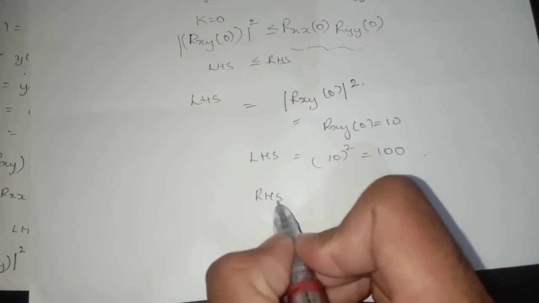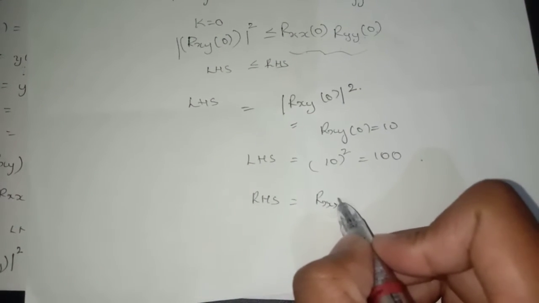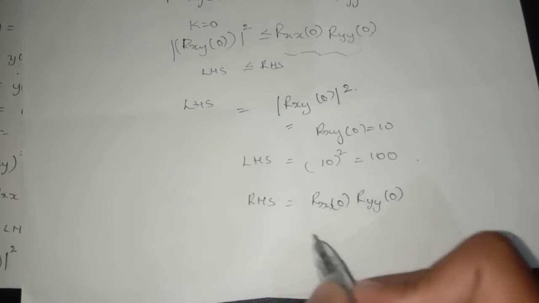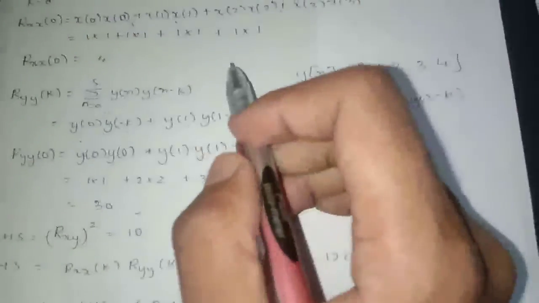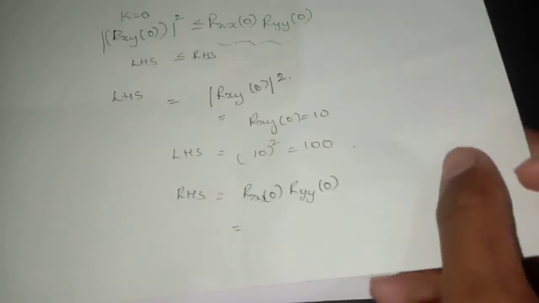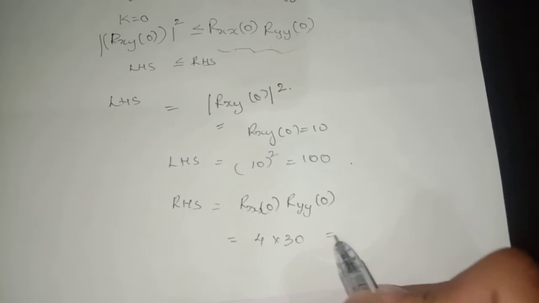So RHS is nothing but rxx of 0 into ryy of 0. What is the value of rxx of 0? rxx of 0 is 4 and ryy of 0 is 30. So 4 into 30, we will be getting 120.